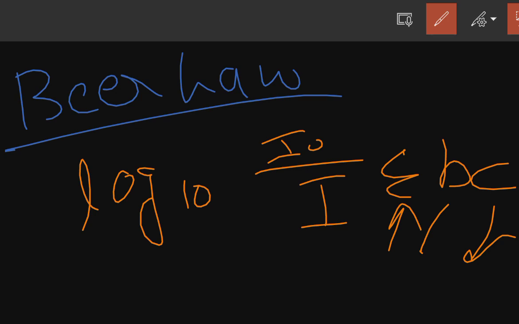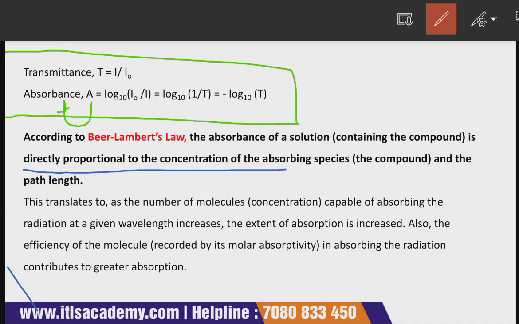Because Lambert's law says it is directly proportional to the length or thickness, and in the second, Beer's law, it is the concentration. So when you combine the two, it depends directly on the length of the absorbing medium as well as the concentration of the solute in the medium. So this is the Beer-Lambert law.